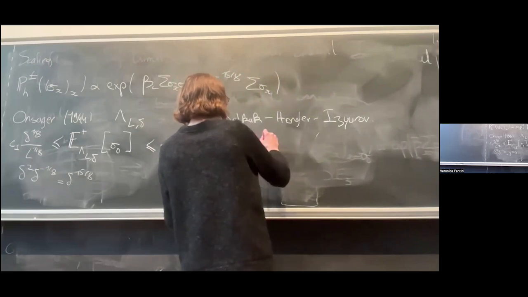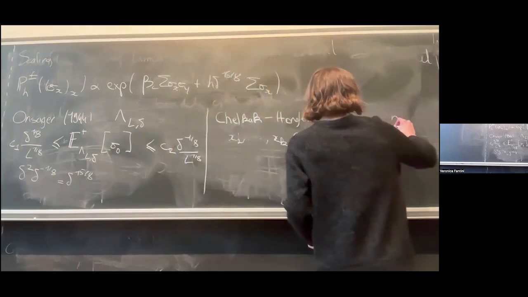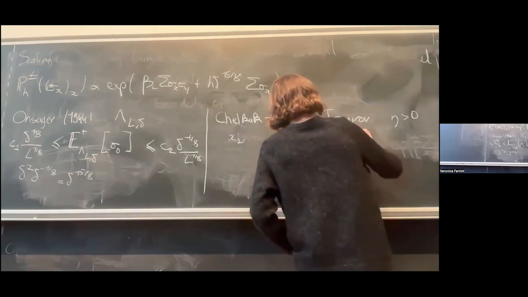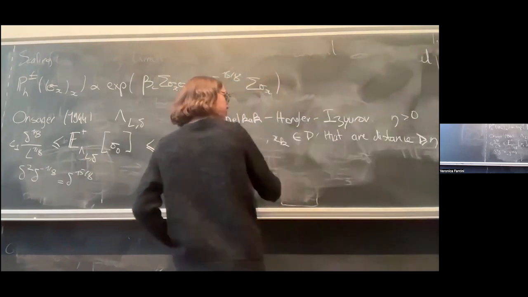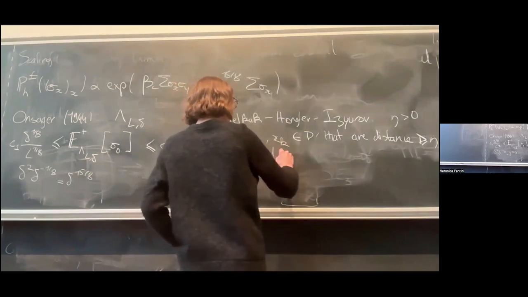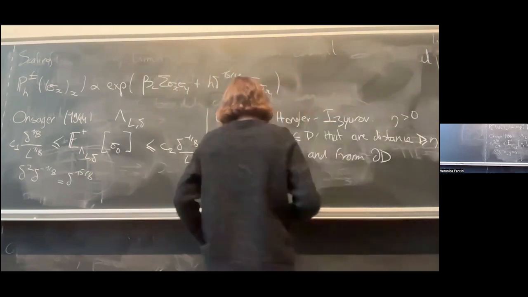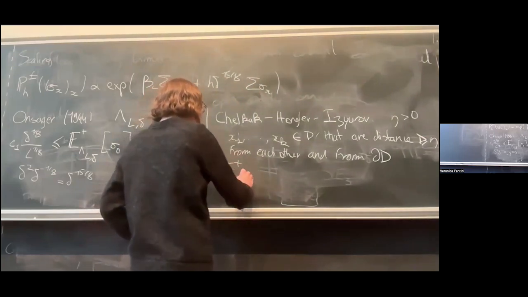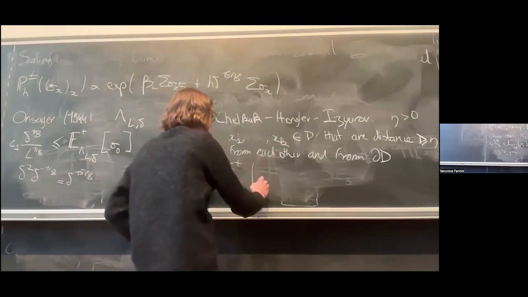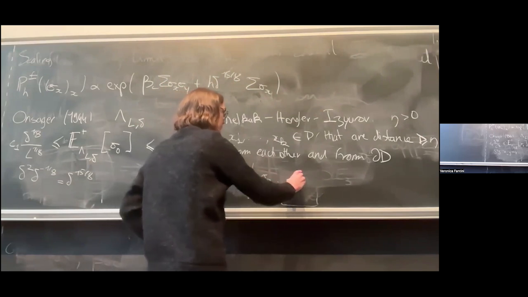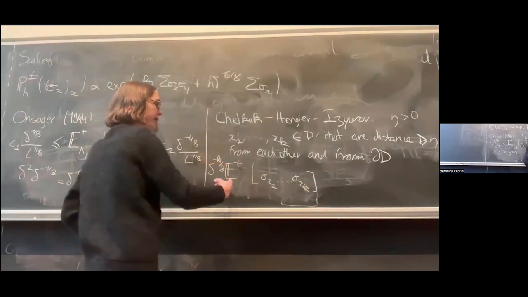If you have k points in your domain D, at distance at least eta from each other and from the boundary of the domain, where eta is a fixed cutoff, then you look at the spin-spin correlation of these points and multiply by delta to the power minus k/8, the number of points.